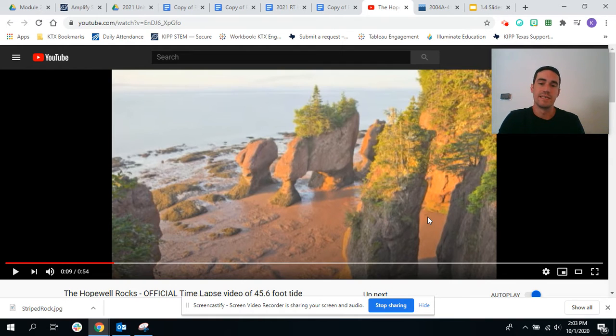And before even watching this, I would guess the water goes to about these points where I see this kind of line in these rocks. So we're going to watch as this tide comes in and the water fills up, where it stops and then it goes back out. And this is a time-lapse video of an entire day of this water going in and out.